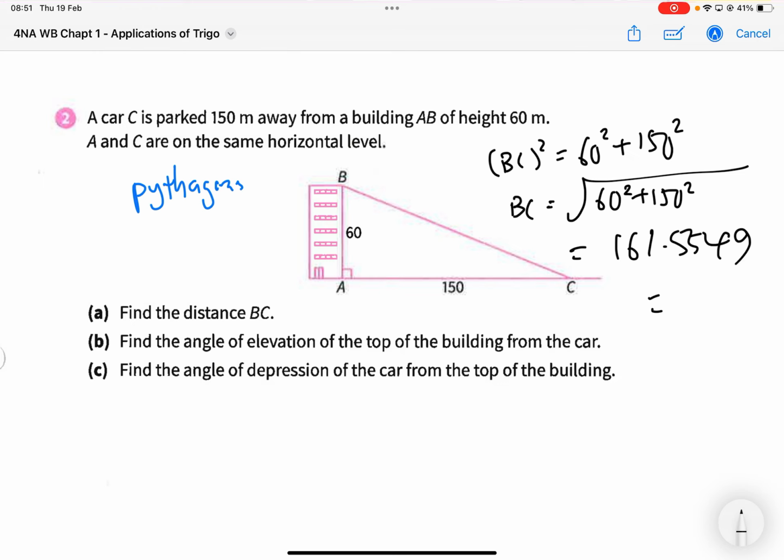Okay, then it is not an exact number. So for an answer, we can round it off to 162 meters, 3 significant figures. To round off to 3 significant figures, 1, 2, 3, I look at the 4th significant figure. If the 4th significant figure is 5 or bigger, it means my 3rd significant figure must round up. That's why it becomes 162.